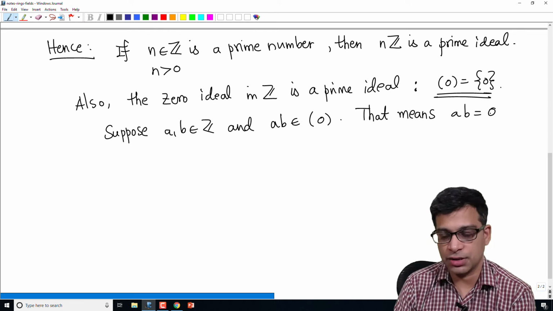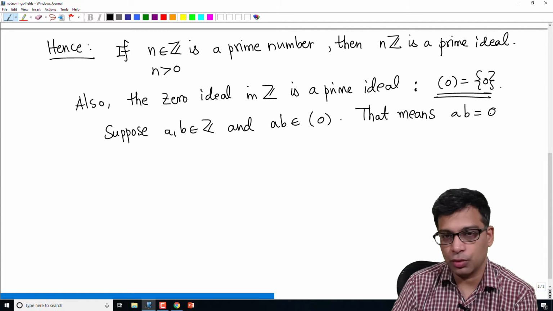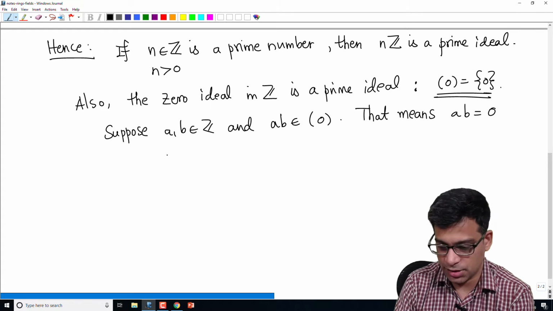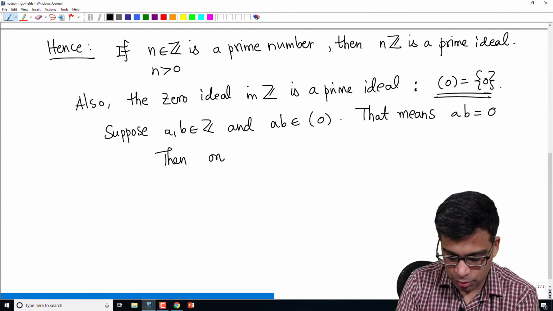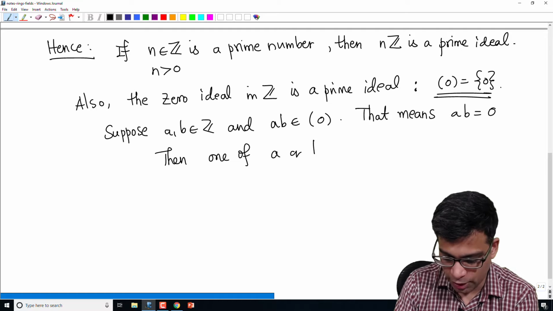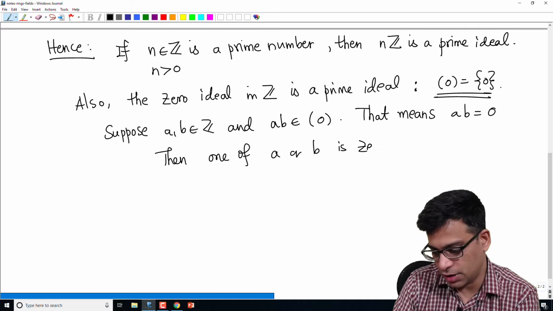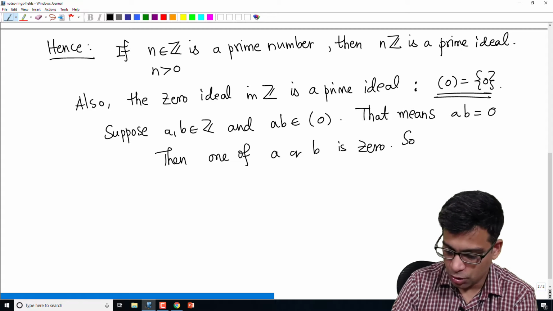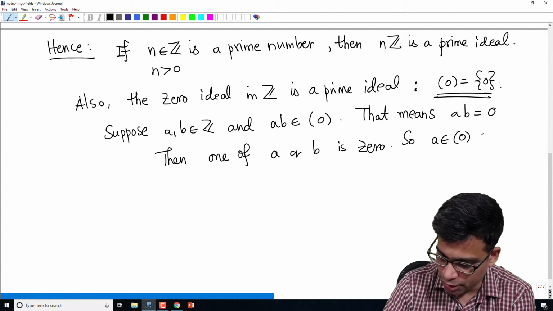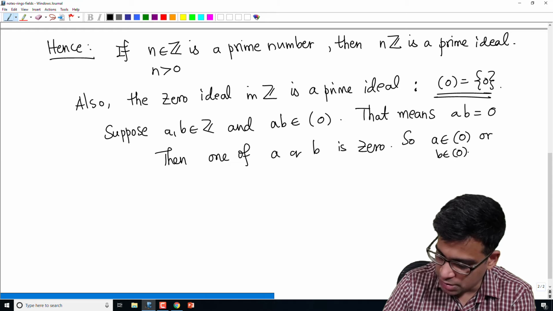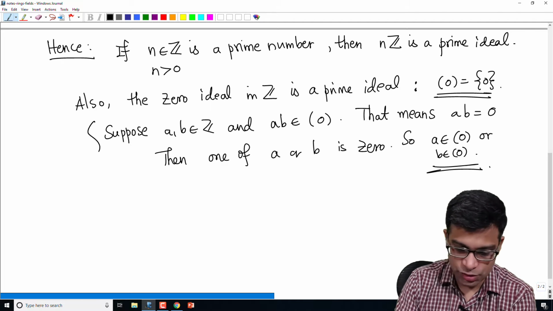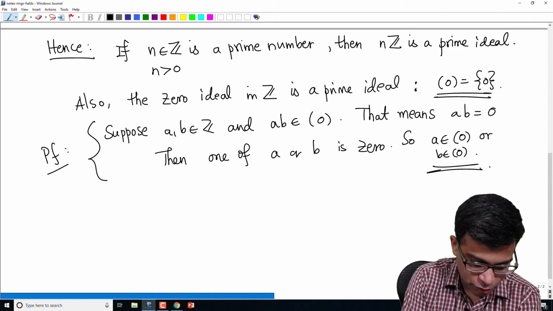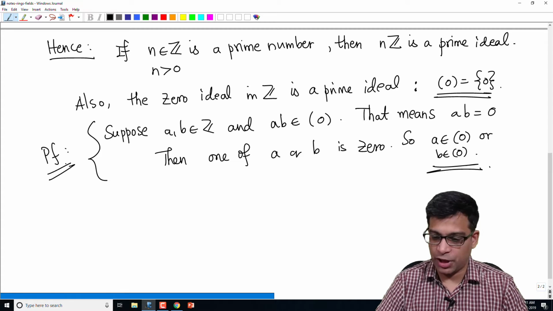But if the product of two integers is 0, then one of a or b must be 0. Maybe both are 0, but I don't care. One of them is 0, so a is in the 0 ideal or b is in the 0 ideal. Okay, so 0 is prime. So this is the proof for the fact that 0 is a prime ideal.